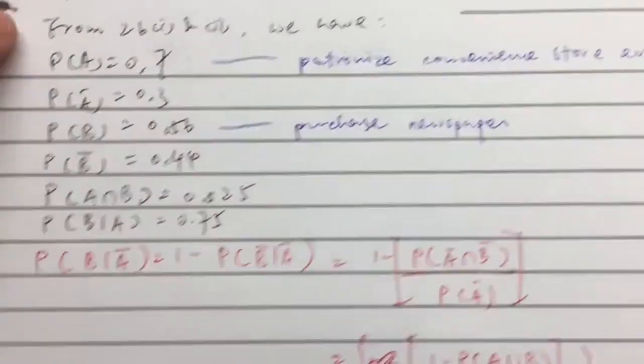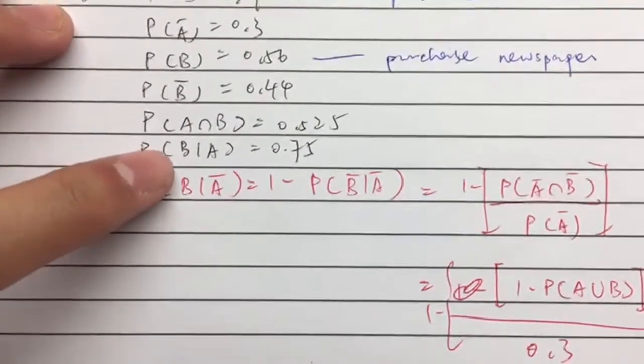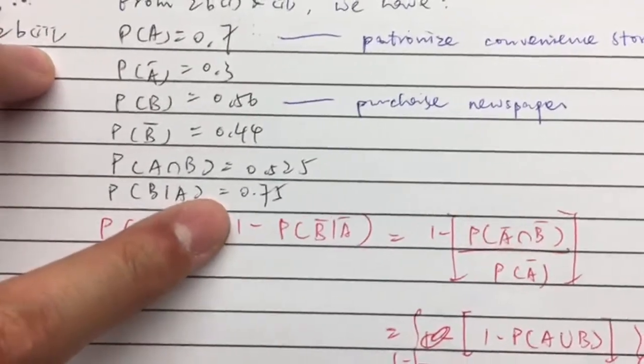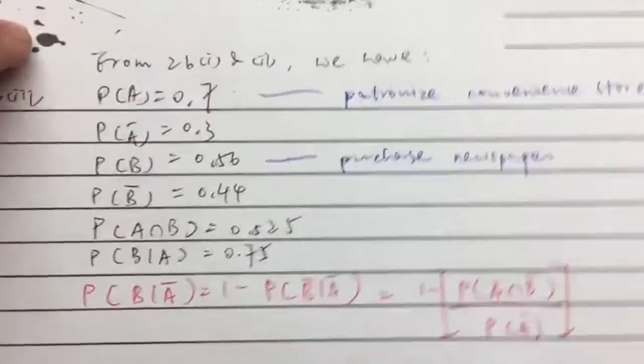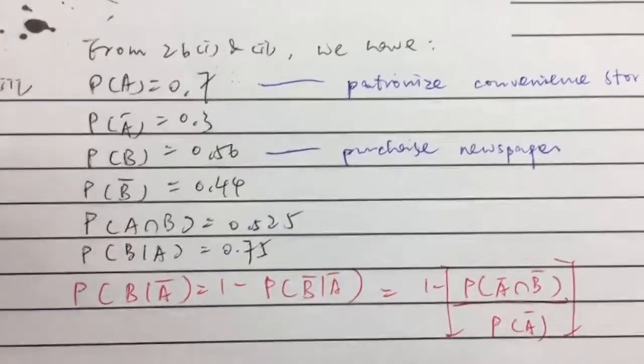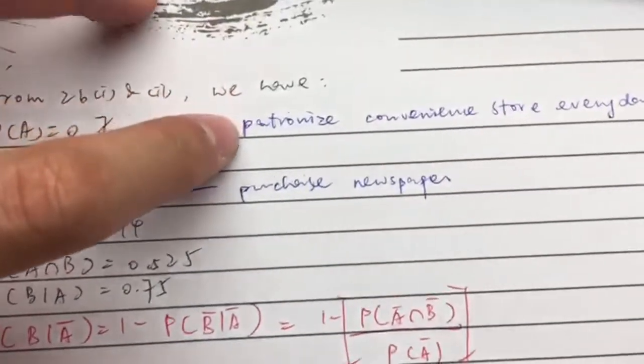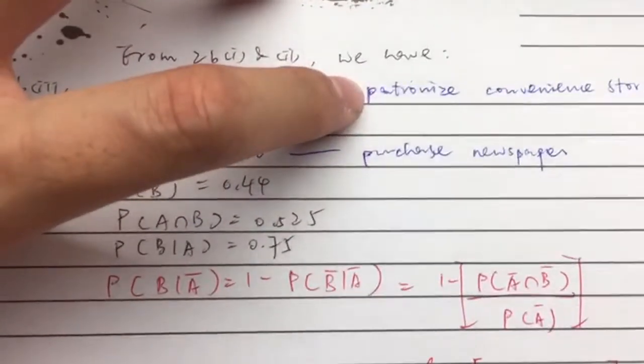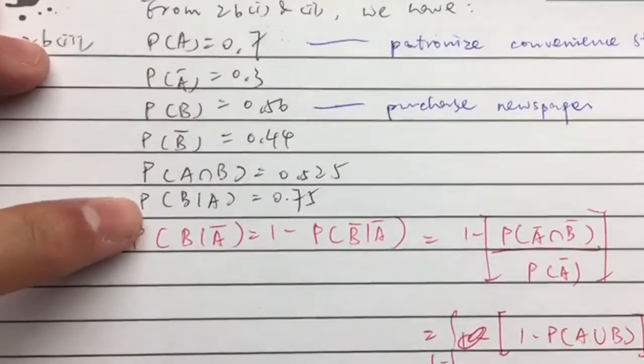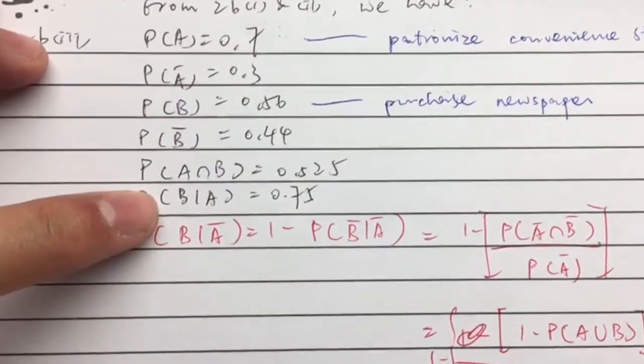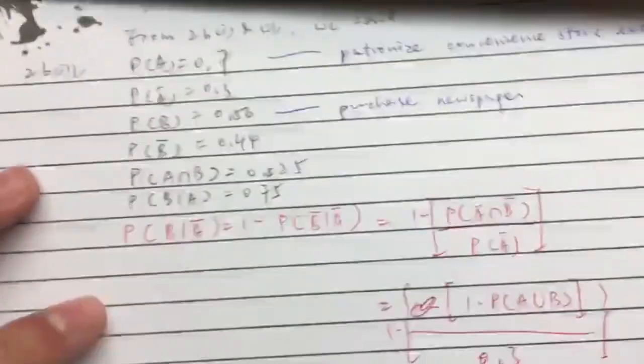It's among the whole pool. So probability of B given A means the exact thing I just mentioned, which is among those who patronize the convenience store every day, the percentage of people who buy newspaper, 0.75.